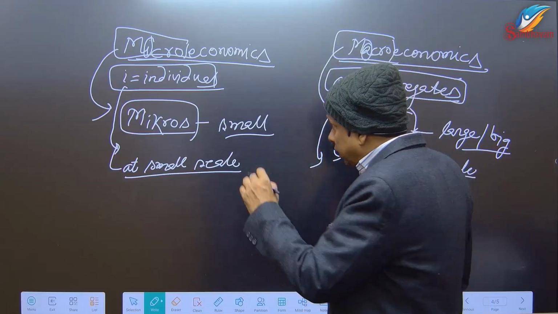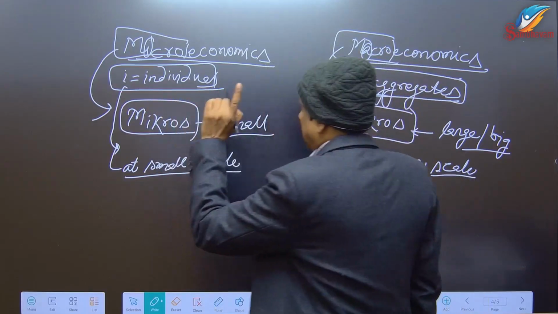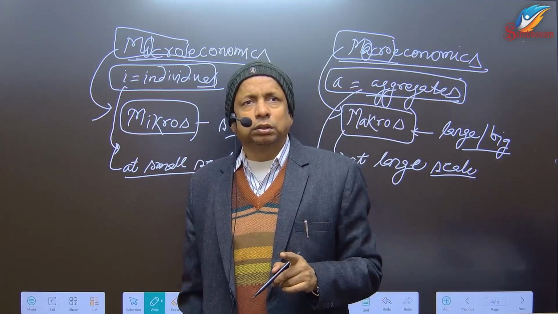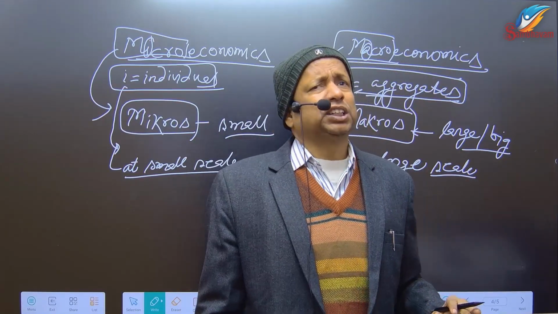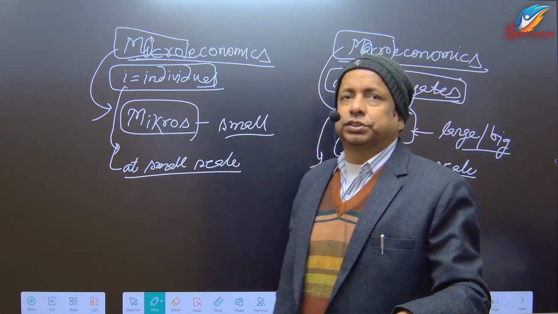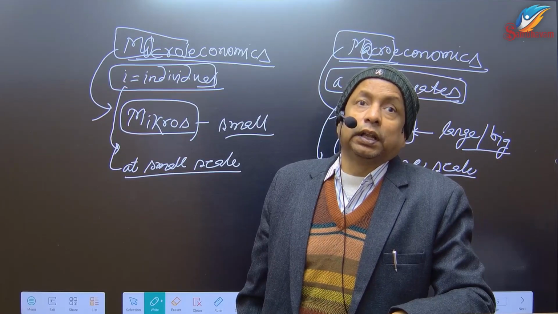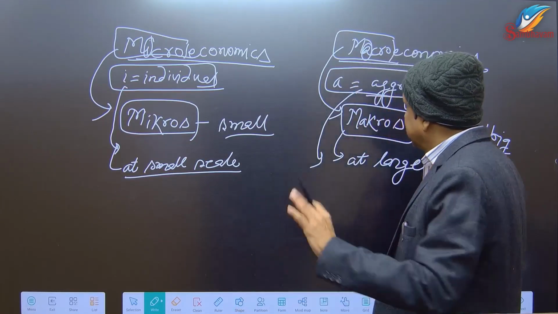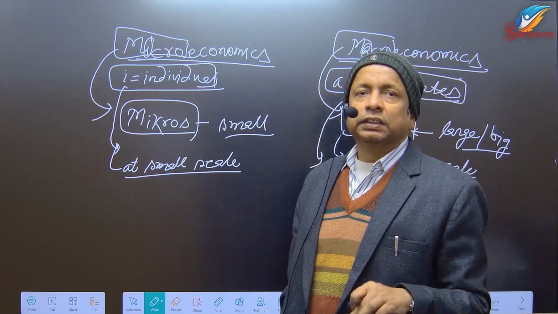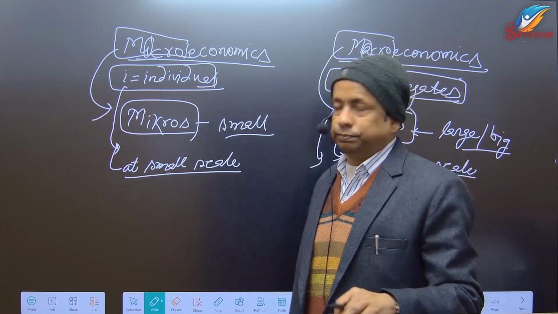Okay? So if you want to remember, I stands for individual, and individual will always be smaller. And A stands for aggregate, and aggregate will always be larger, bigger. So this is the basic difference between microeconomics and macroeconomics.